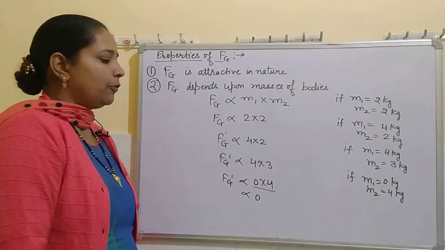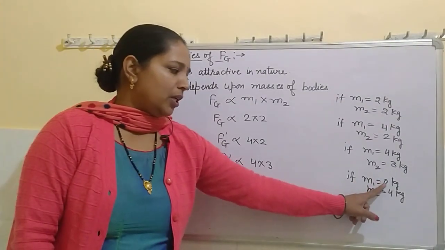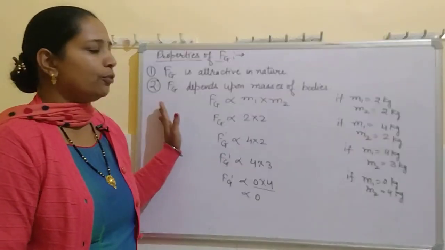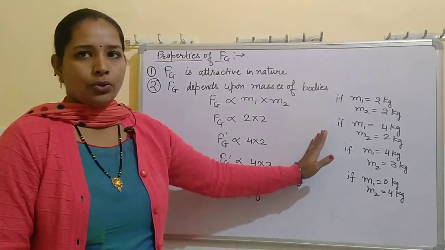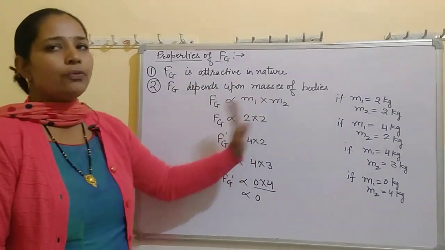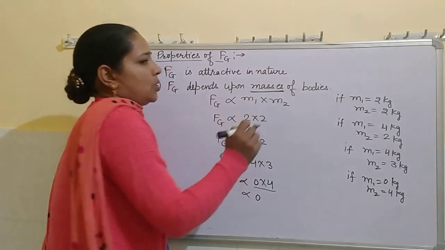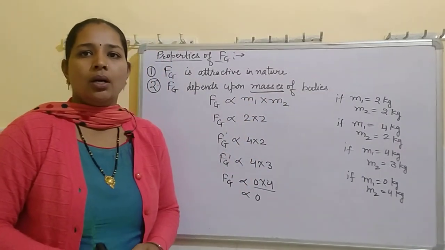That means if a body doesn't have any mass, it will not exert any kind of gravitational force. For gravitational force, the mass of a body is a must. A body must have a mass.